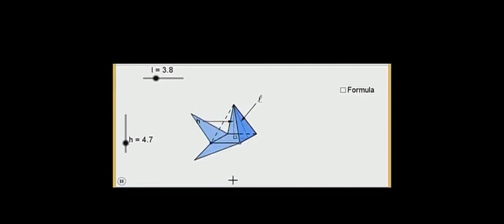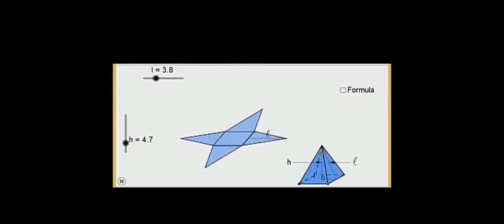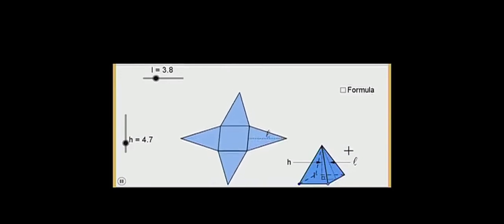Now, it is very clear, see it very clear. So, it has triangles: 1, 2, 3 and 4 triangles. Okay. If it is a regular pyramid, it is 4 equilateral triangles. When you observe it, when you open it, at the bottom you have a square, correct? See it, it is very clear.